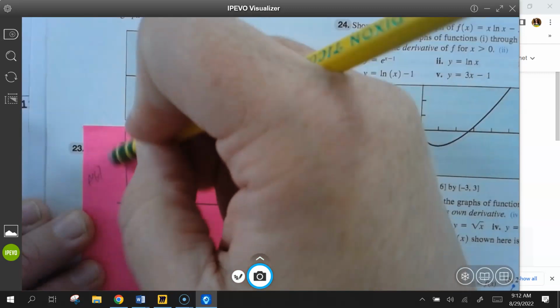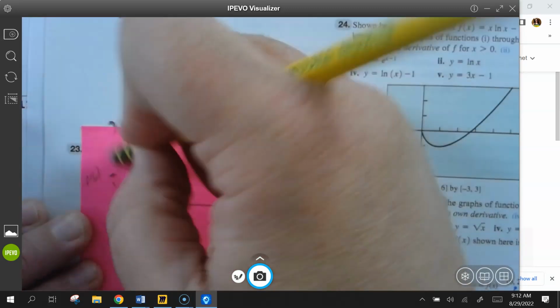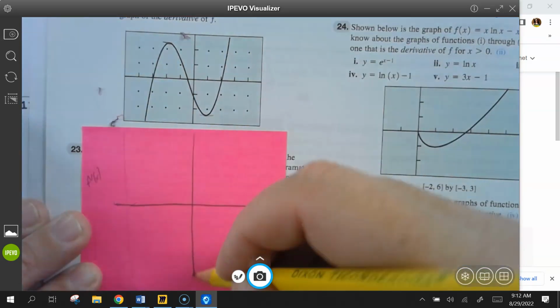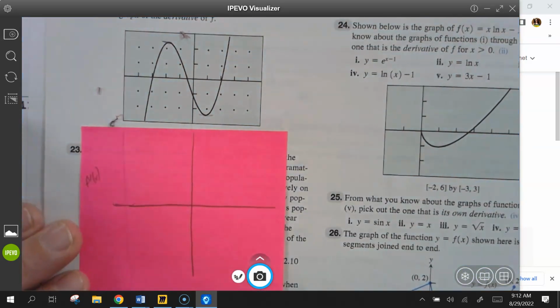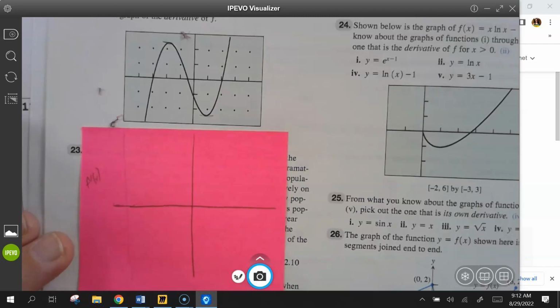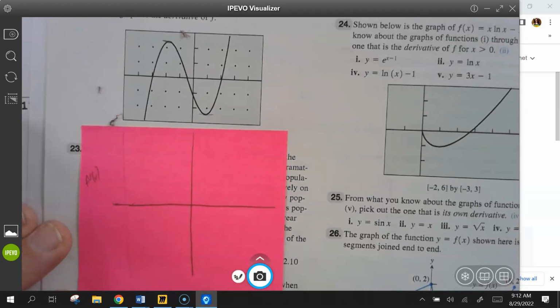You pretty much want the exact same grid there that you have, okay? But I don't care about the y value there.